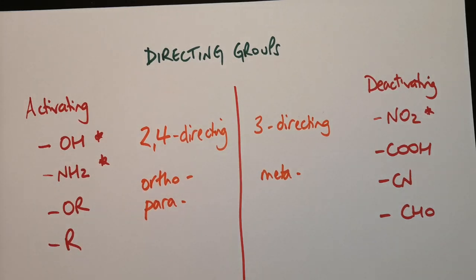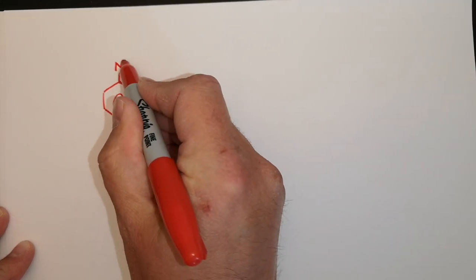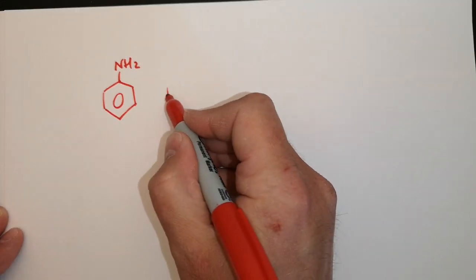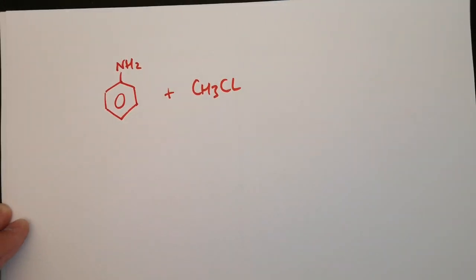So let's have a look at an example of how this would then bear out. I'm going to use the NH2 as my example here. So let's say I had aminobenzene, which is an NH2 on a benzene like that. And let's say we're reacting it in a Friedel-Crafts reaction, so let's say with chloromethane.